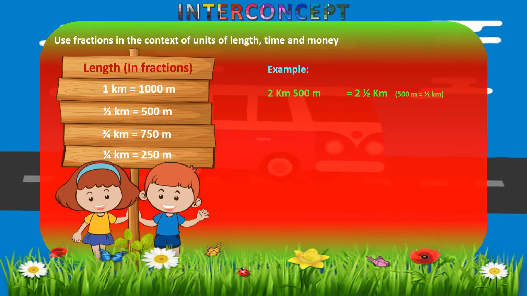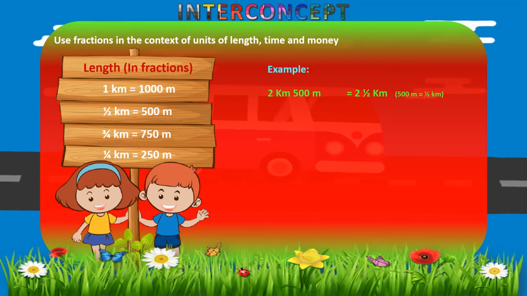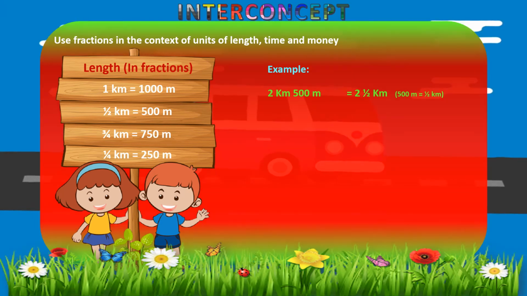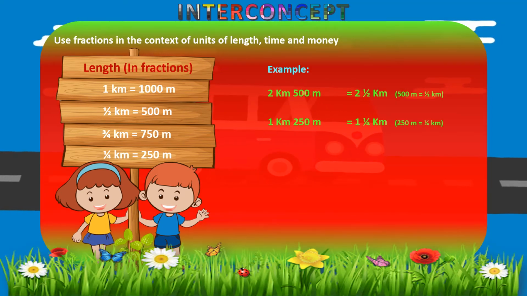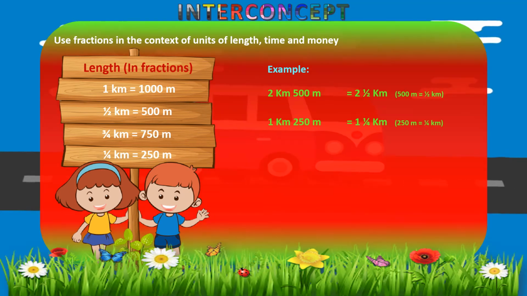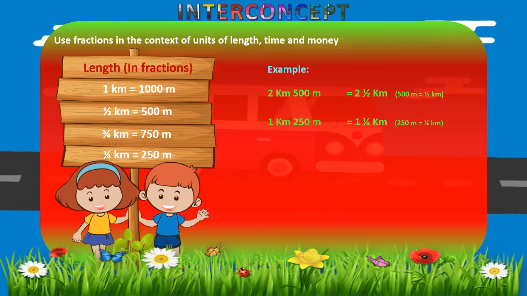2 kilometer and 500 meter is equal to 2 and half kilometers, because 500 meter is equal to half kilometer. 1 kilometer and 250 meter is equal to 1 and 1 by 4 kilometer, because 250 meter is equal to 1 by 4 kilometer.